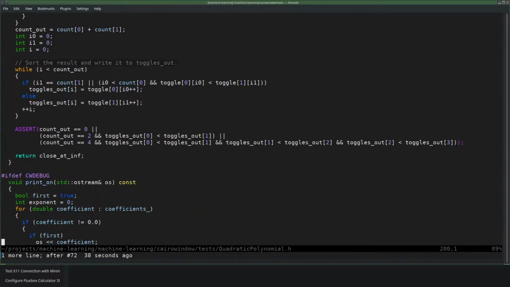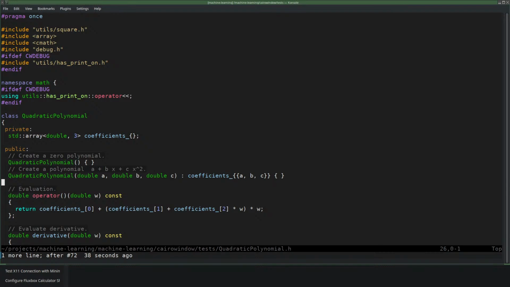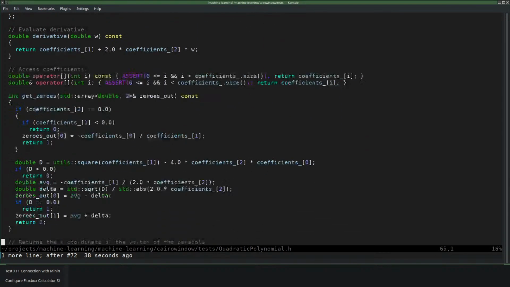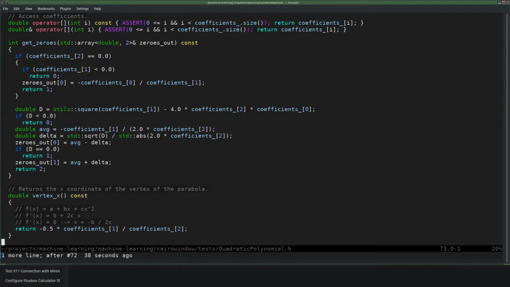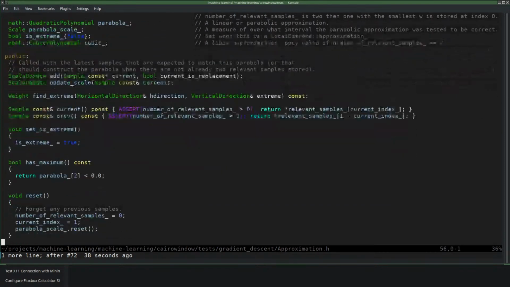Come on, I'm sure I had a has maximum, or maybe another class had that. Seems I don't have it. Oh, I just added it to the approximation itself, I think. It's a bit lame, but yeah, has maximum there.